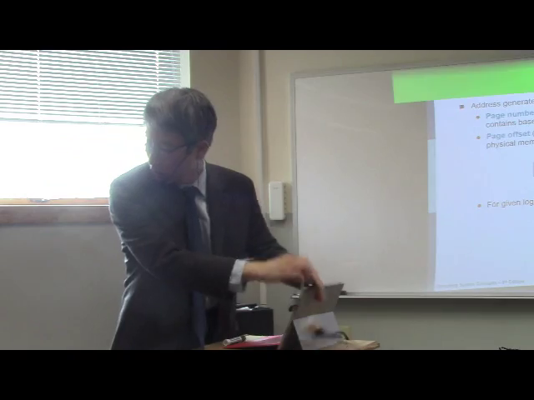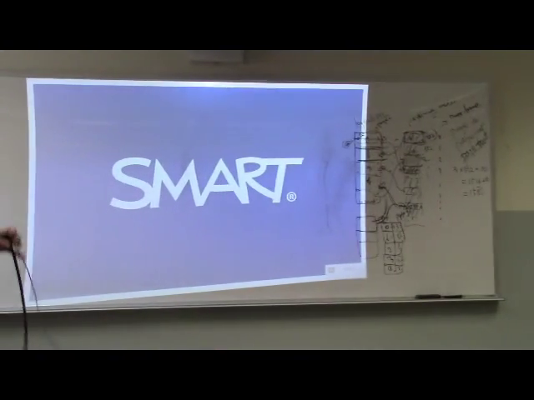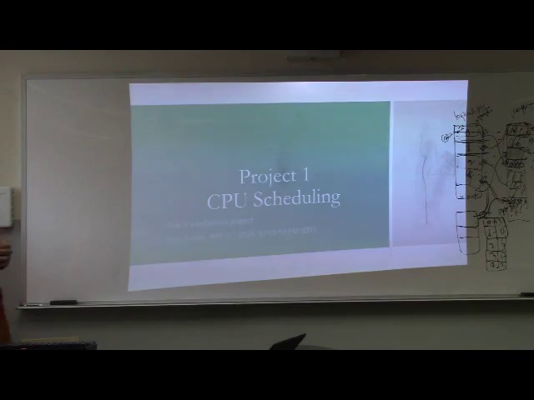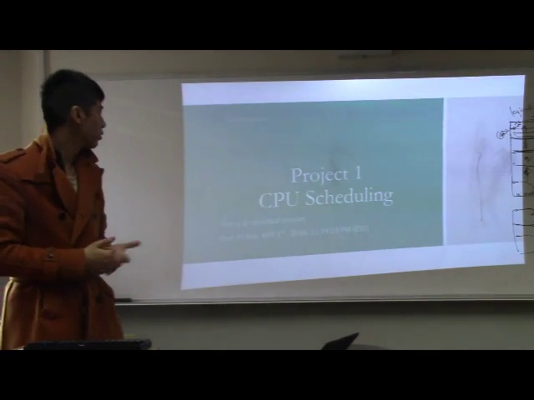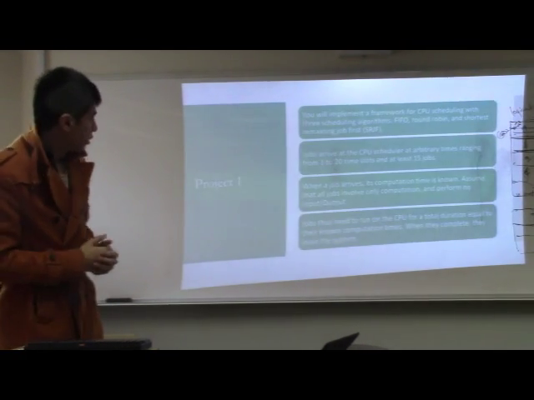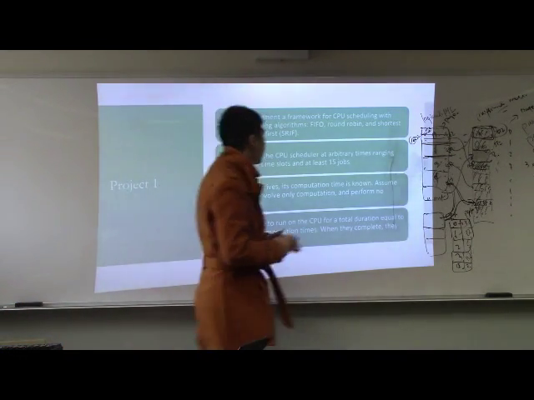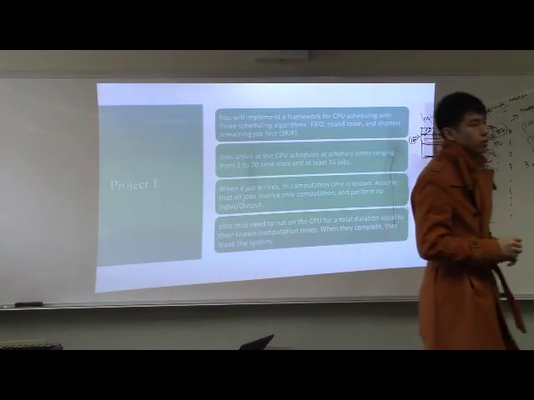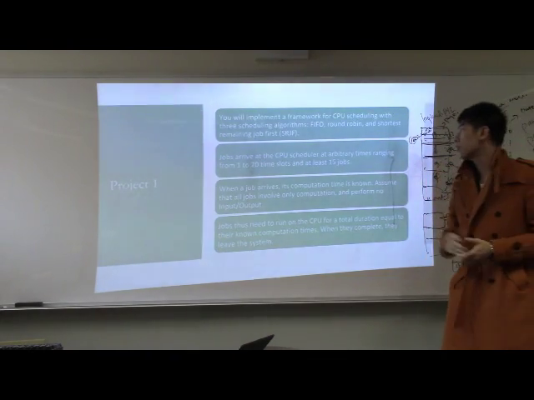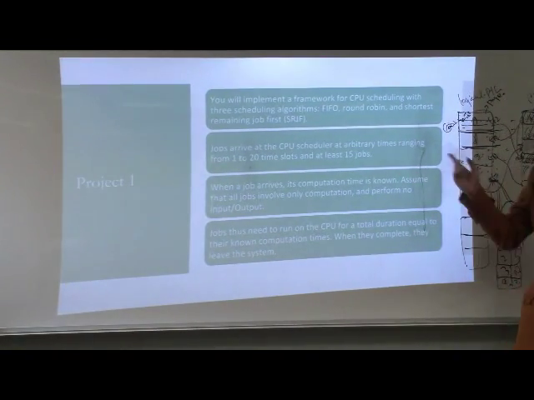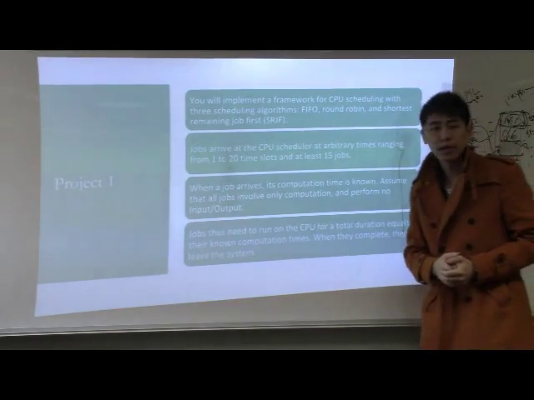And do you have something? About your project 1, the CPU scheduler. In this project, you need to implement a framework for CPU scheduling for 3 algorithms: first in first out, round robin, and shortest remaining job first.